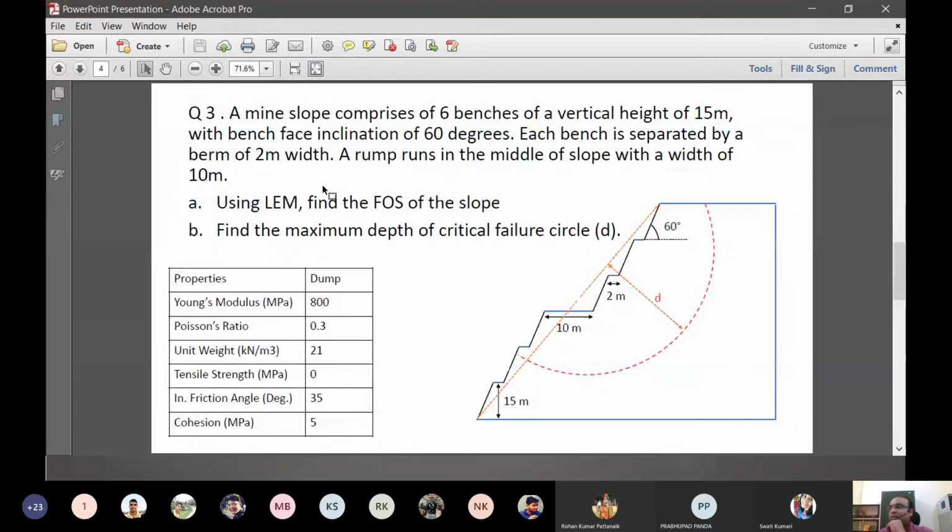On Thursday, there is a very nice lecture that is being organized. It is by one of the companies that are using drone technology for mining operations. So like volume estimations and seeing how the slope is being affected with time, all these things they are doing by drone technology.